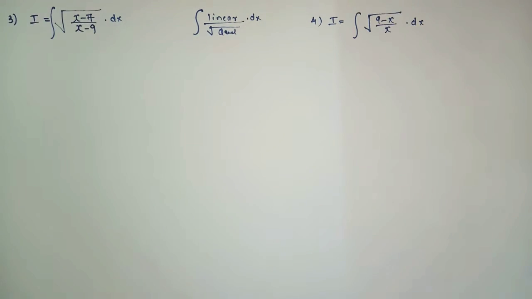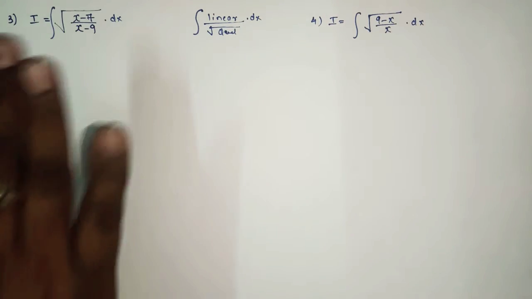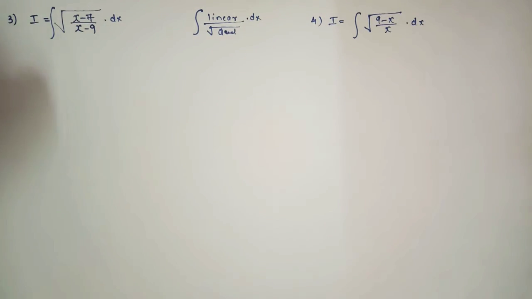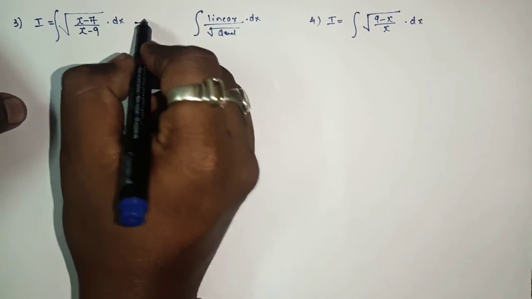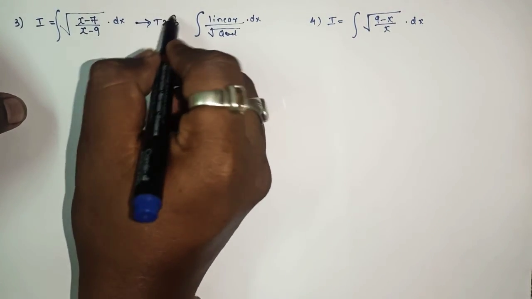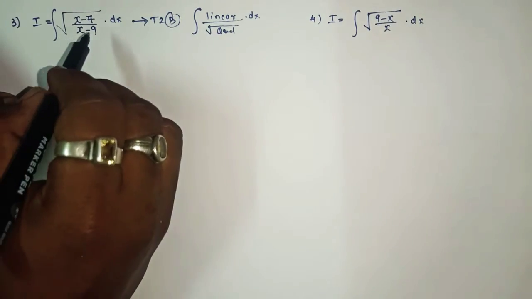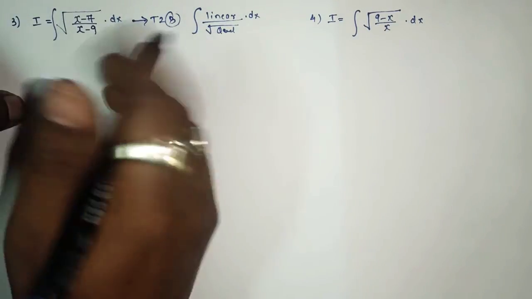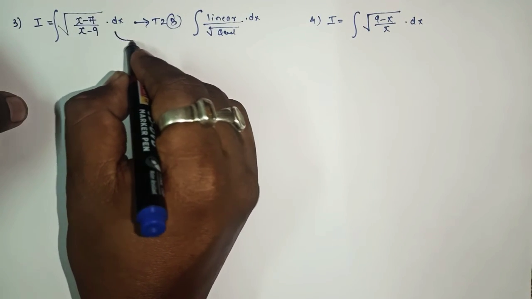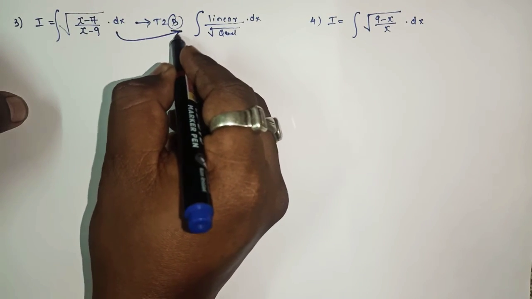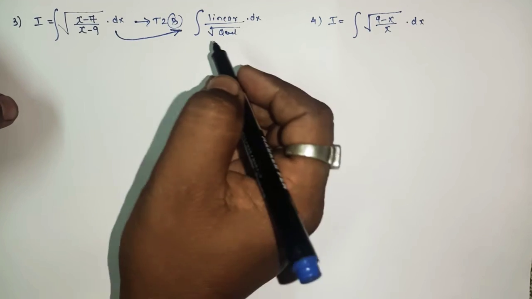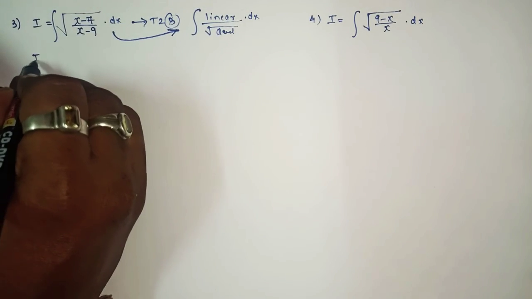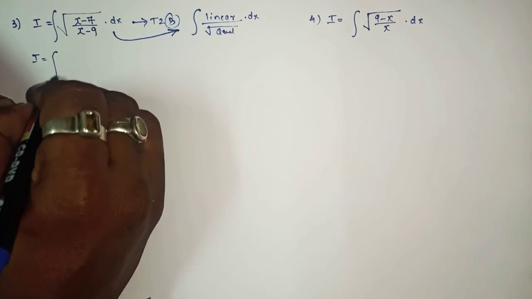Here also it is 1. So whenever you come across a sum like this, it's actually type number 2b only. But the format of the question is a little different, so we have to convert the given integral into this form, linear upon root quadratic. Now we'll see how to convert the given integral in this form.